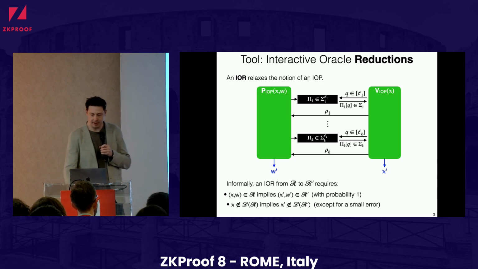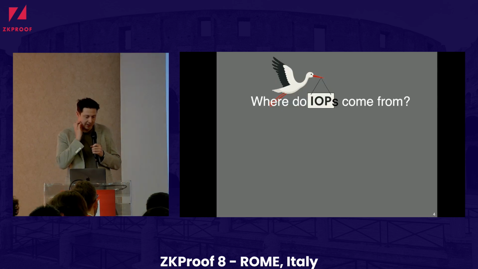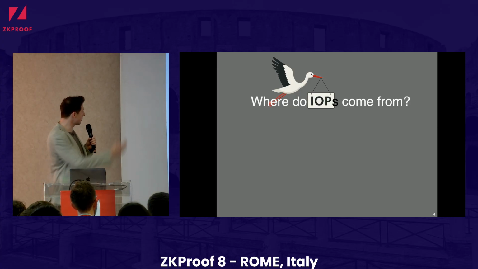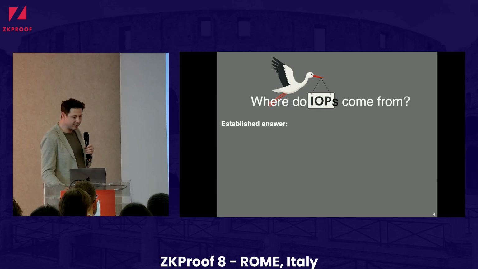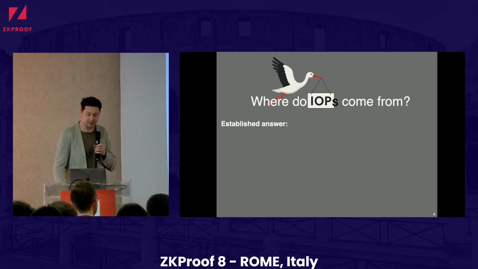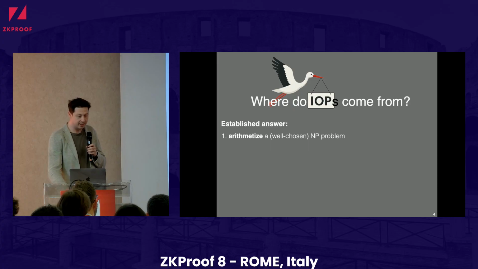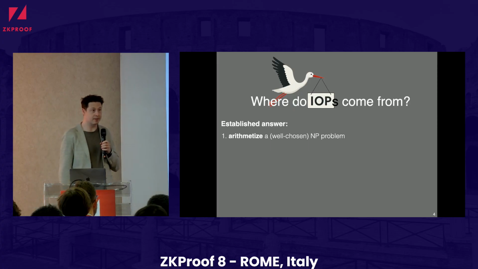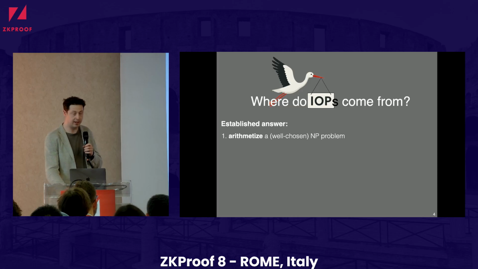All right. So the message I would like to get across today is: where do modern IOPs come from? We have a stork here bringing a baby IOP. And the established answer that we inherit from a line of work on probabilistically checkable proofs is that you arithmetize some well-chosen NP problem, maybe circuit satisfiability or 3-SAT.